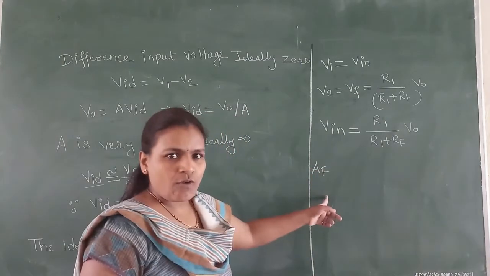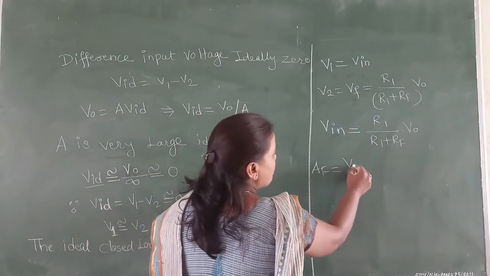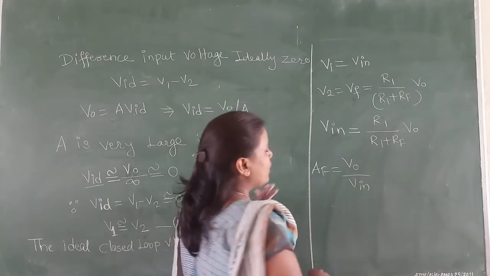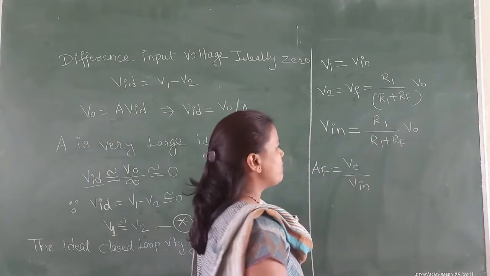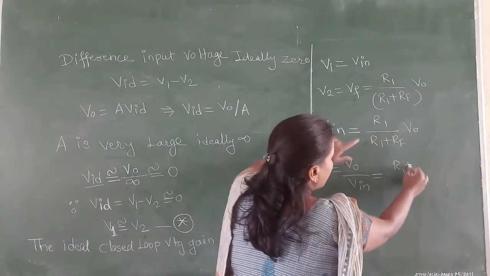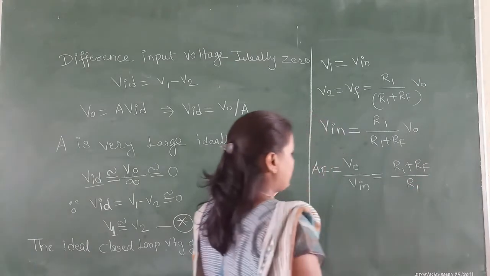The gain with feedback for the non-inverting amplifier, AF, is nothing but the output voltage of the circuit divided by the input voltage Vin. So when we rearrange this equation in terms of V0 by Vin, it becomes R1 plus RF divided by R1.